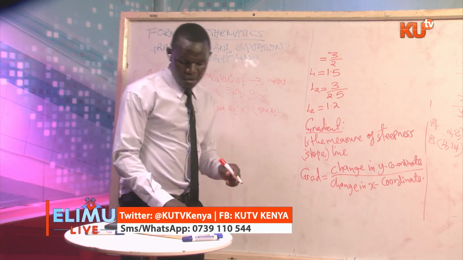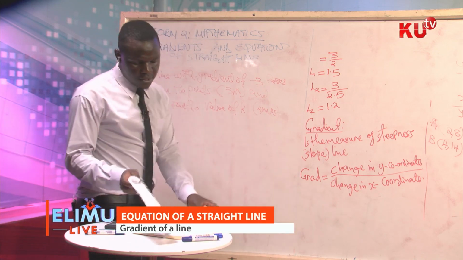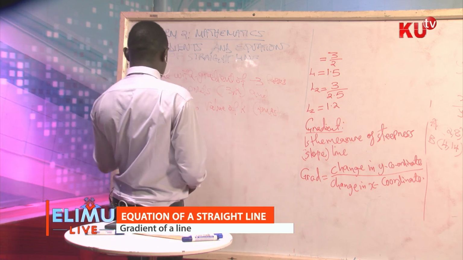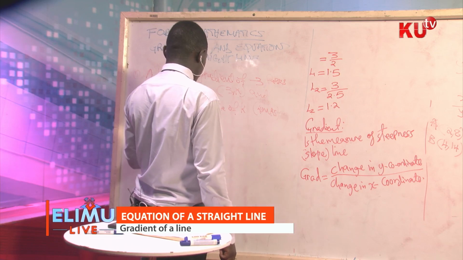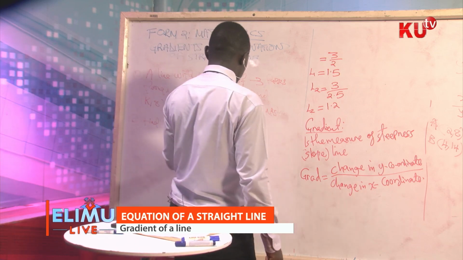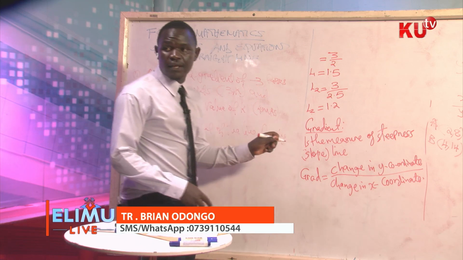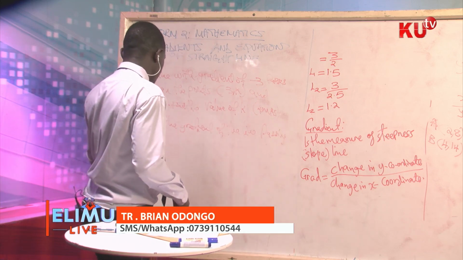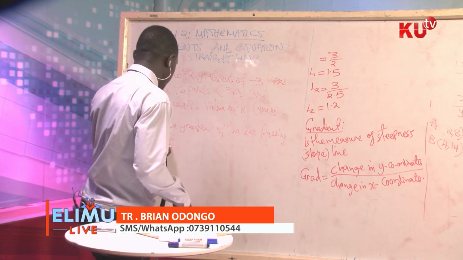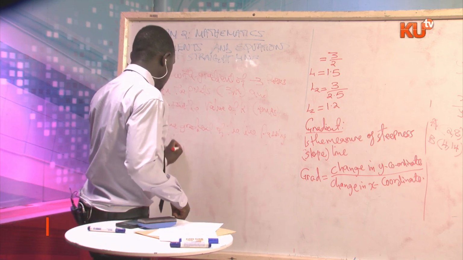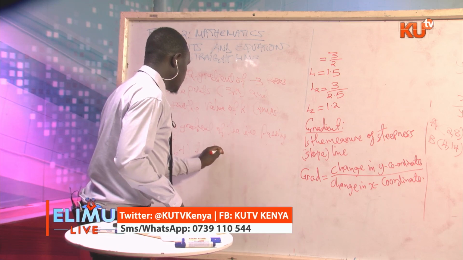Then the last question: find the gradient of the line passing through, Roman 1, (1, -1) and (-3, -9).